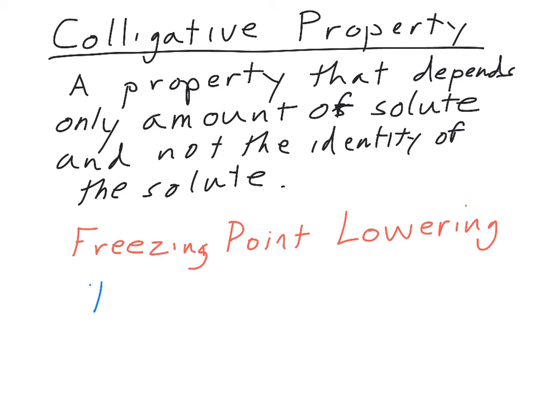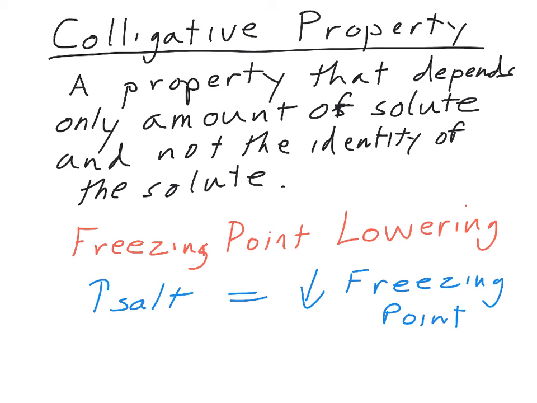In other words, the more salt you add to water, the lower the freezing point of that salt water is, because the harder it is for those water molecules to finally get together. Now, interestingly enough, the colligative property for boiling point is the exact opposite.